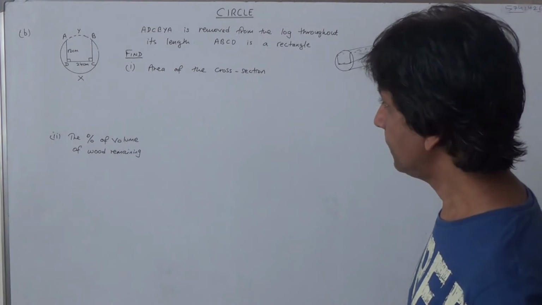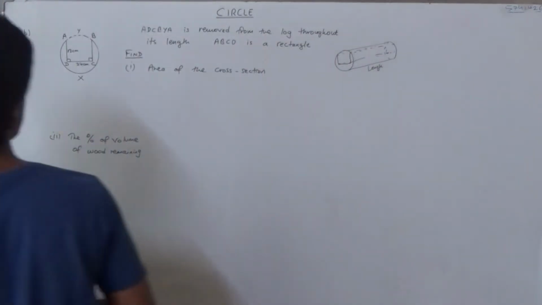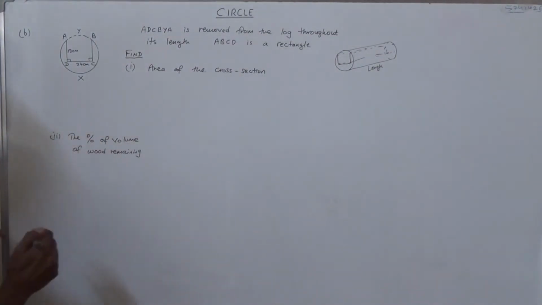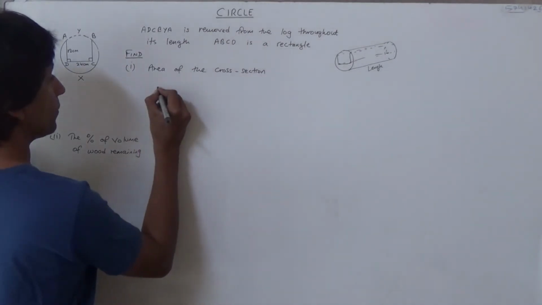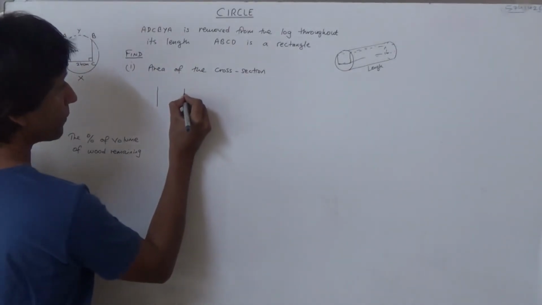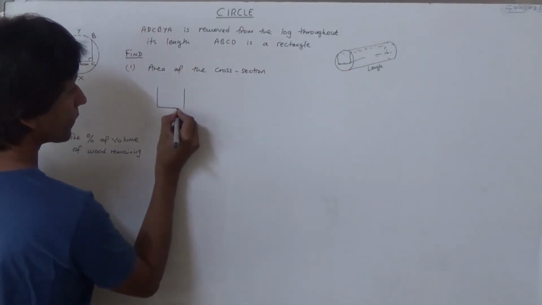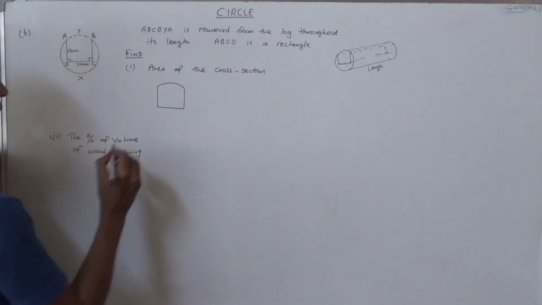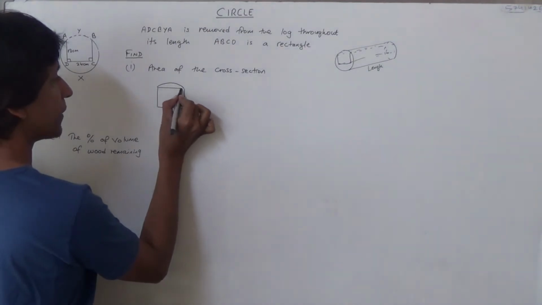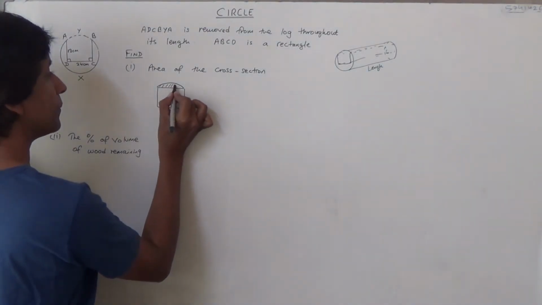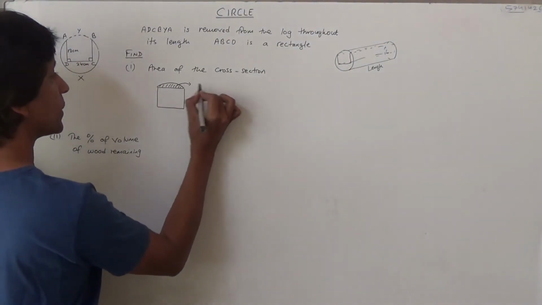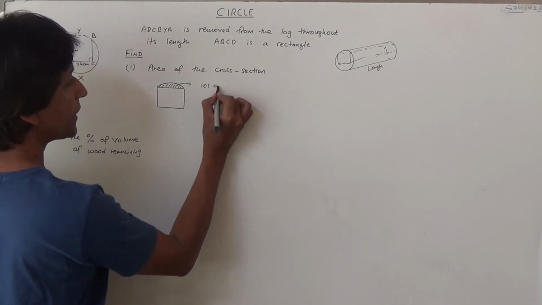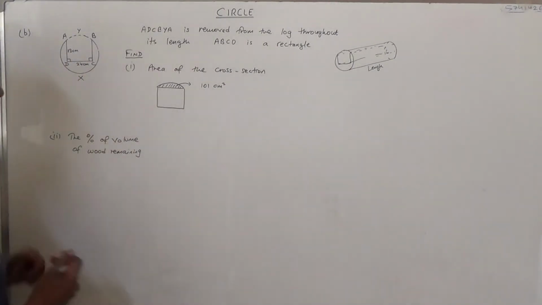Let me just see. How do we find the area of the cross section? That's the piece of wood remaining. Remember, we had this area here, and this area was 101 centimeters square.